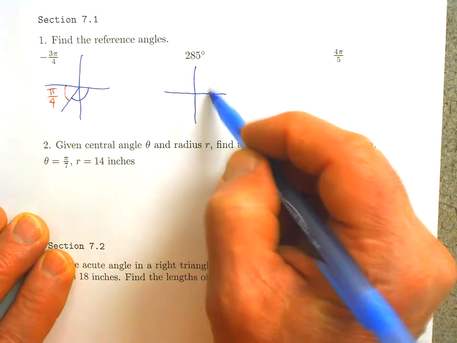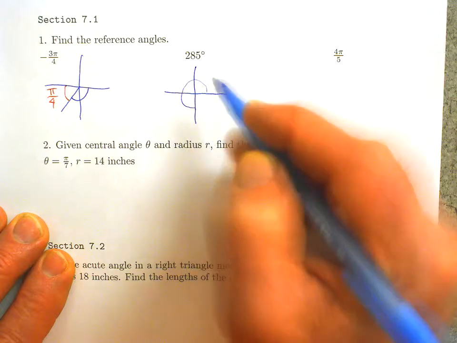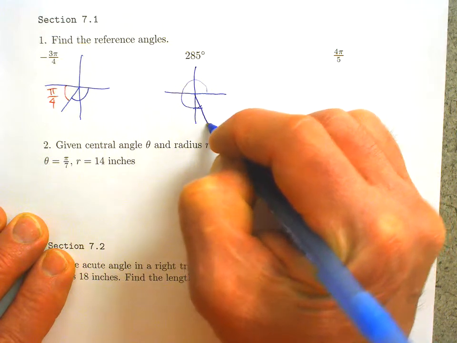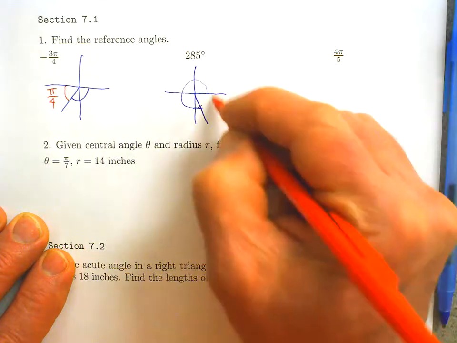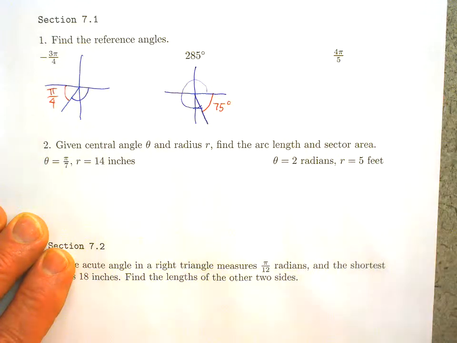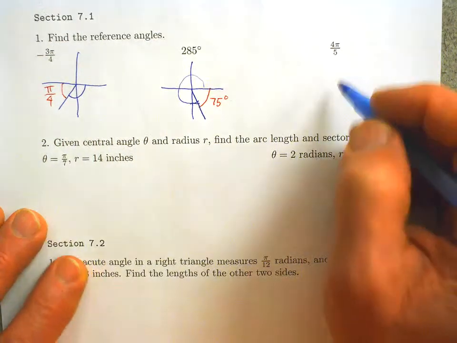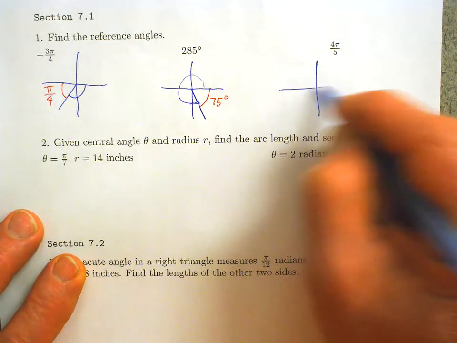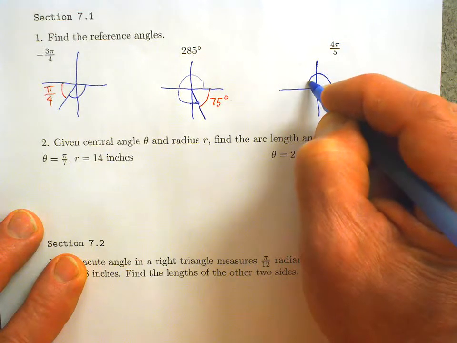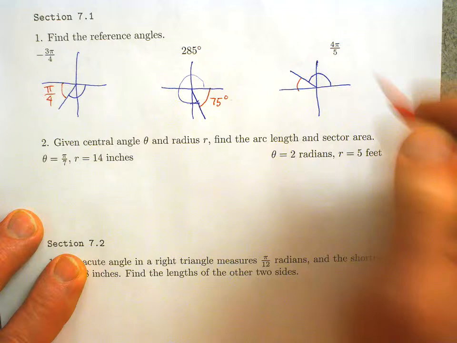This one's counterclockwise. Here we're at 270, so we go 15 degrees more. And so the reference angle is 75 degrees. 4 pi over 5, that's in the second quadrant. So we go something like this, and the reference angle is pi over 5.